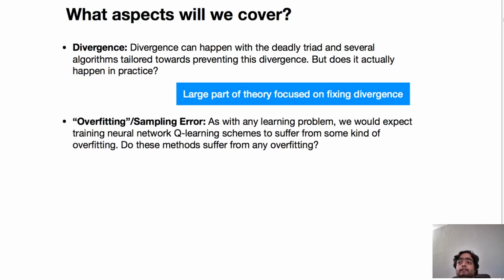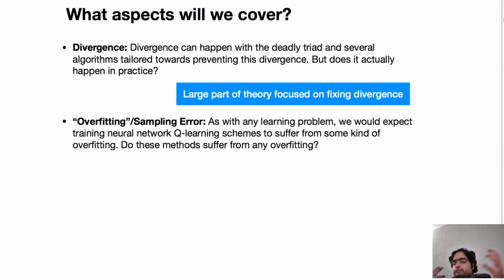The second thing that we'll cover is somewhat not directly tied to the deadly triad, although we'll look at one connection, which is the notion of overfitting or sampling error. As with any learning problem, like supervised learning, we would expect that when you train neural networks on a finite size data set, you would still suffer from some kind of overfitting, meaning that you would be good on the training data, but you may not generalize well.